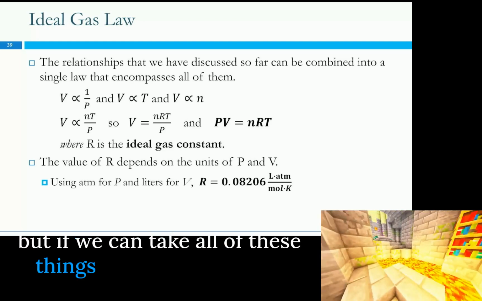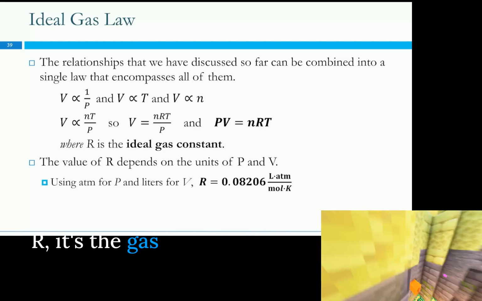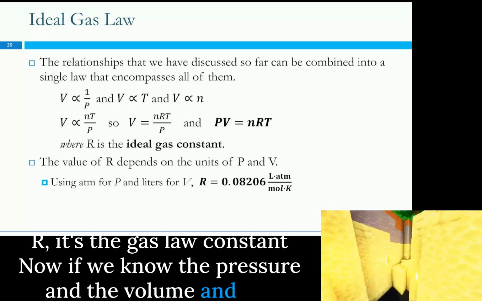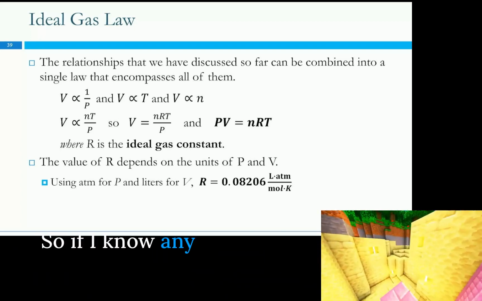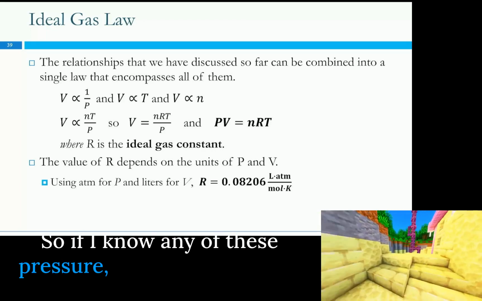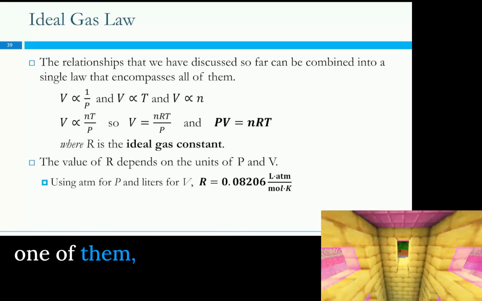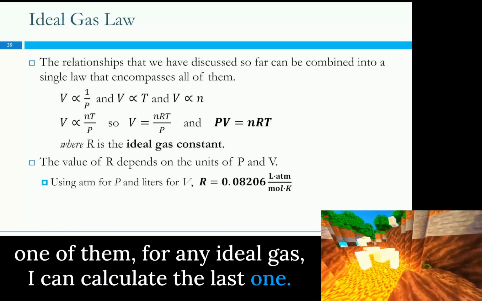But if we can take all of these things and relate them all together with this constant, R, the gas law constant, now if we know the pressure and the volume and the temperature, we can calculate the number of moles of a gas. So if I know any of these, pressure, volume, moles, and temperature, and I'm missing just one of them, for any ideal gas, I can calculate the last one.